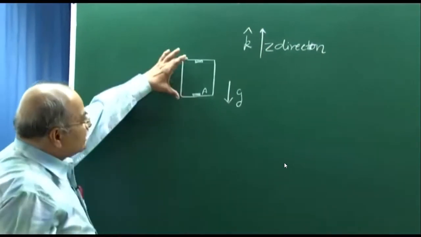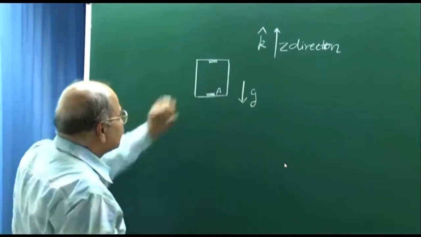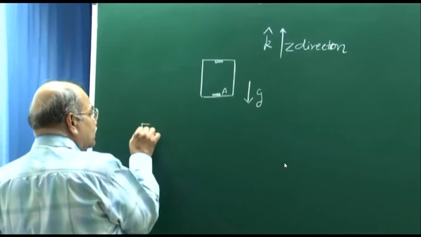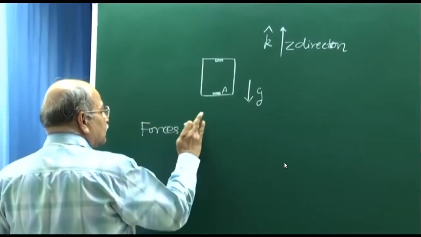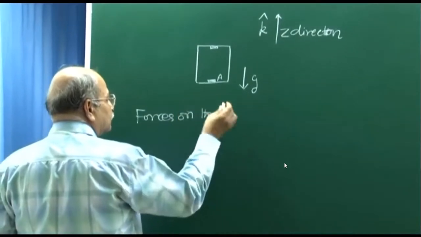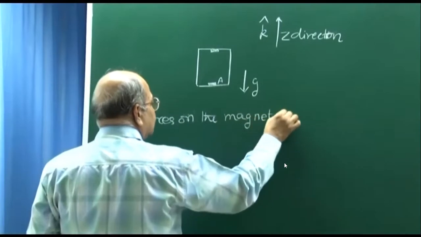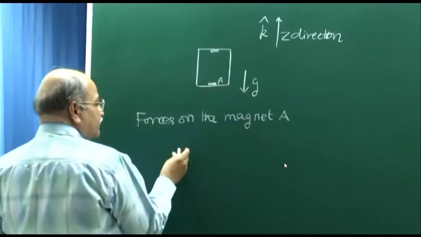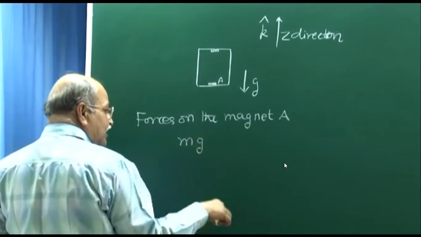And now I will analyze this from the box frame. So, forces on the magnet A. What are the forces? Weight mg, which is in the downward direction.